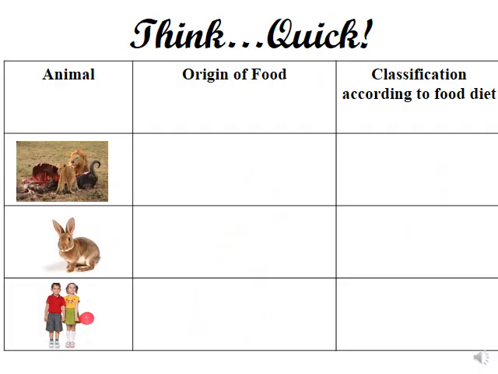So here we have the lion, the rabbit, and the human. Does the lion consume food of plant or animal origin? Sure, it's of animal origin, so it is carnivore. Classification according to the food diet, we have three classifications: herbivore, carnivore, omnivore.